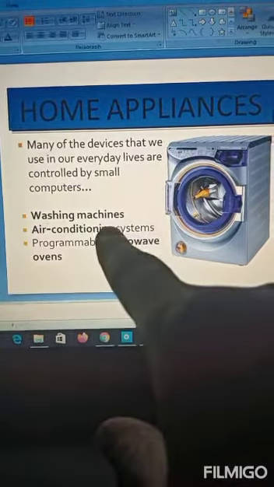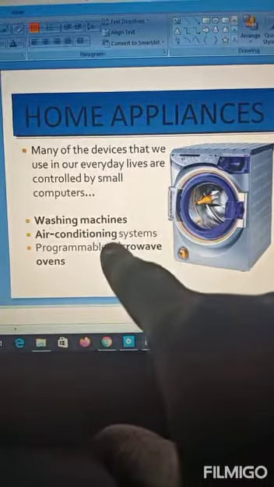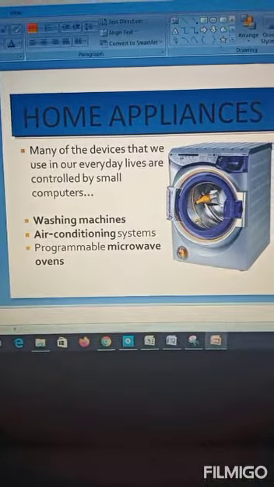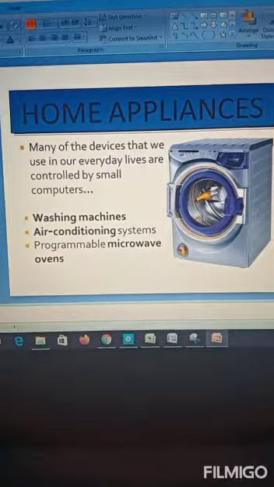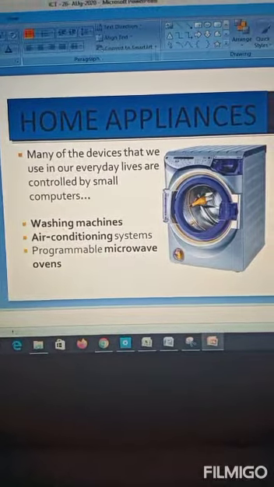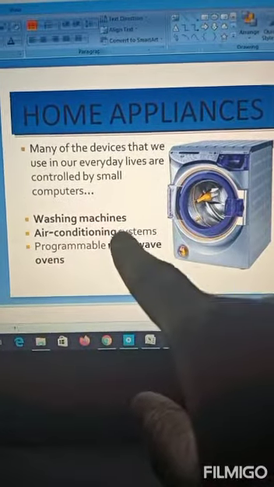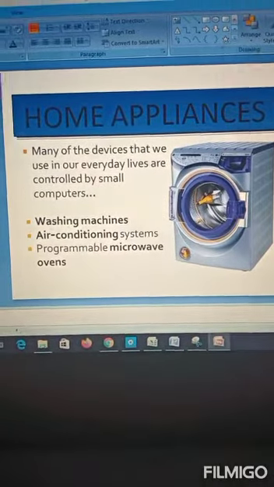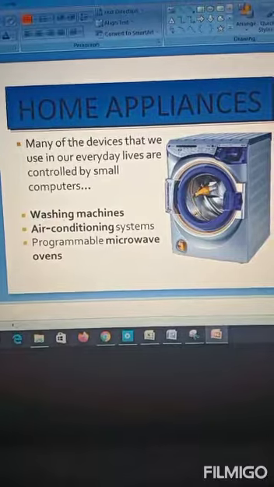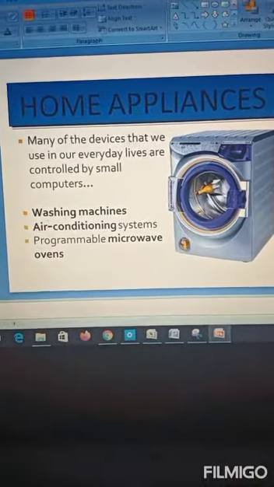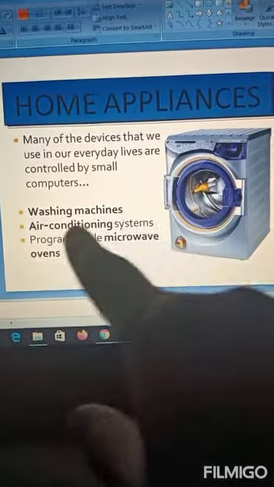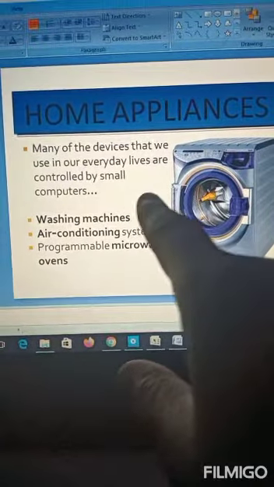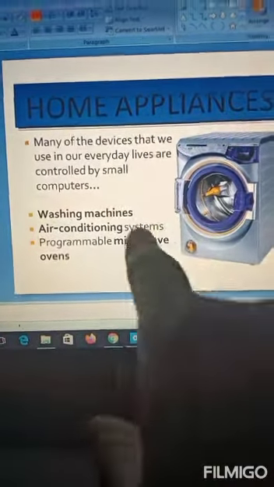Similar is the case with the air conditioning. It is operated through a remote control. So if you want 16 degrees of temperature, you just press 16 on the remote control and the air conditioner works accordingly. If you want it to be switched off, you switch it off. If you want to set a timer, you can set a timer. And these all work through computer programs.